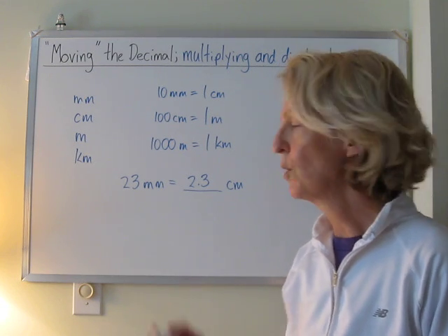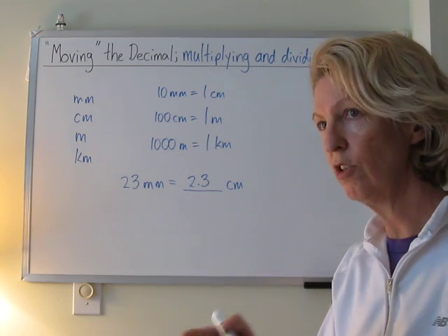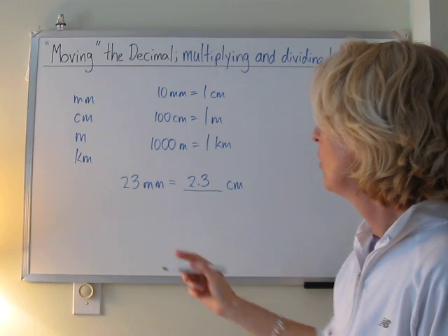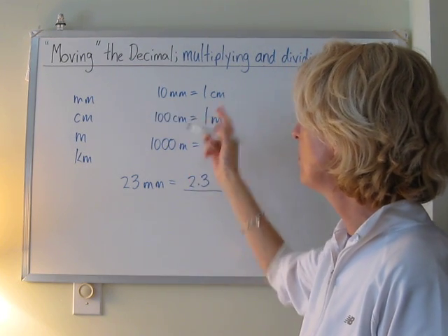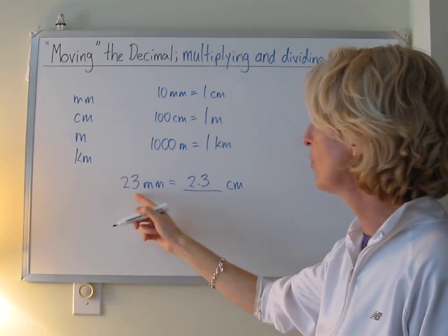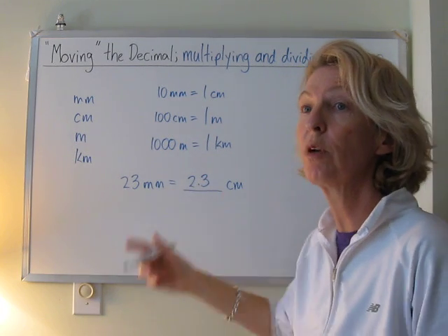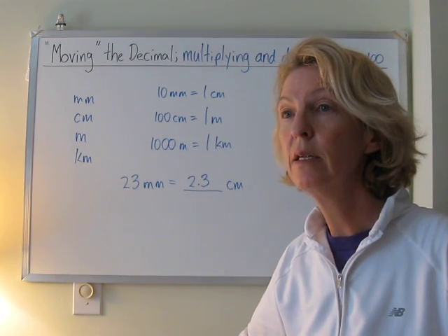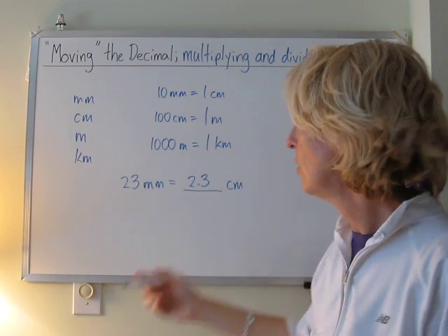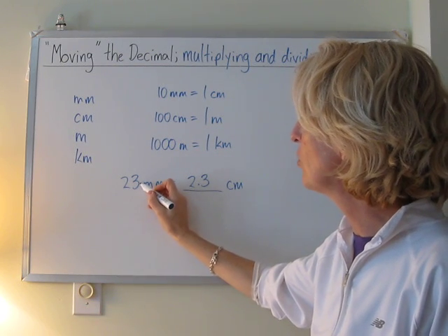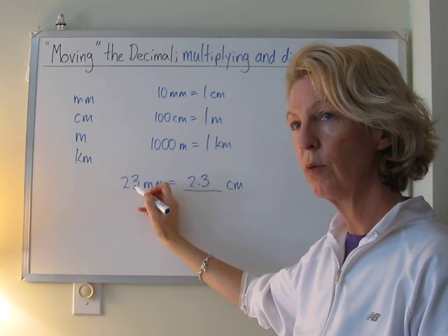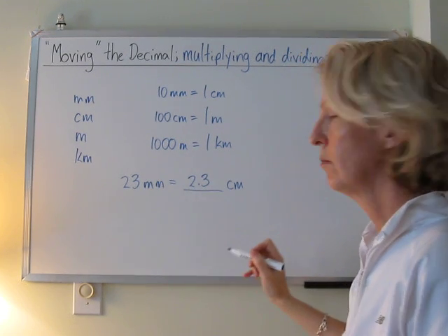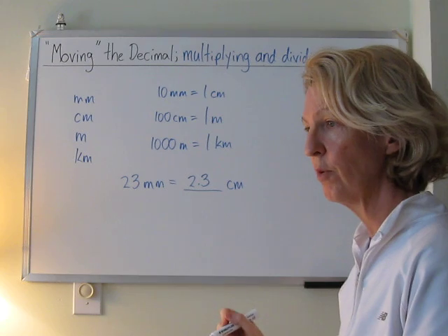Excellent. So what you did in your head is you know that there's 10 millimeters in 1 centimeter, and we have to convert millimeters to centimeters. So we're going to divide by 10? Yeah. So dividing by 10 means we just move the decimal over 1 position. Are you following along, honey?